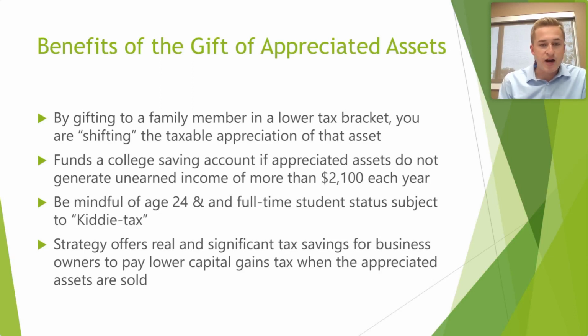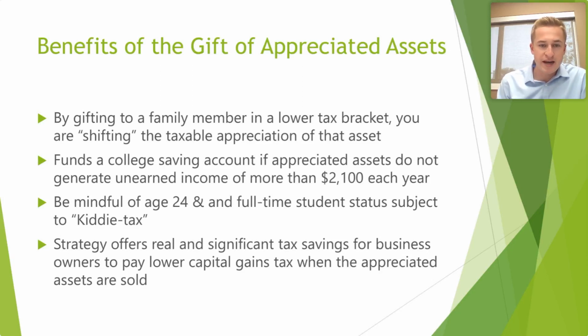The thing to keep in mind here is that there's a few different accounts you can use. There's the 529 plan, and then there's also the UTMA account, which stands for Uniform Transfer to Minors Act. The number here is the $21,000 each year. That's where there's a distinction between the two.